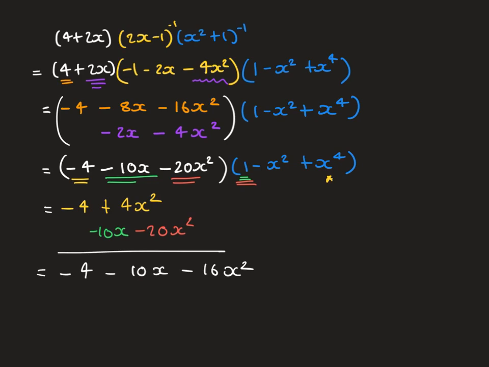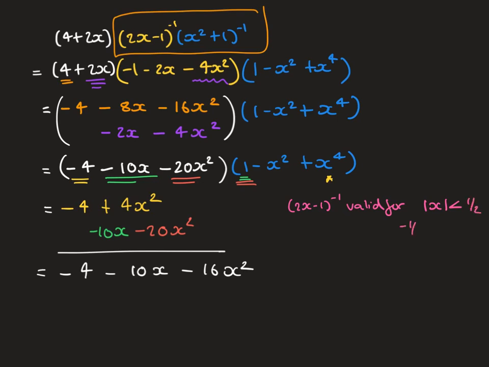Now, as for validity conditions, we need to go back up to here and look at these two expansions for that. So 2x minus 1 to the power of negative 1 is valid for mod x less than a half, or x between a half and negative a half.